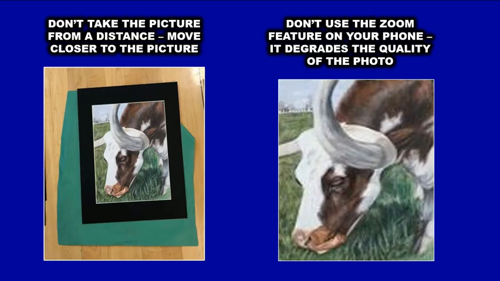Also, when you take the picture, don't stand too far away from the picture. Get closer to the photo to fill up the space. If you look at the photograph on the left, look how much extra space there is around the picture. So I don't want to see all this extra space around it. Also, don't use the zoom feature to zoom in on the picture.